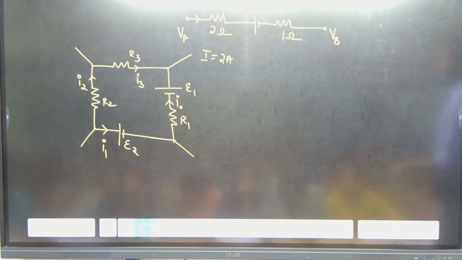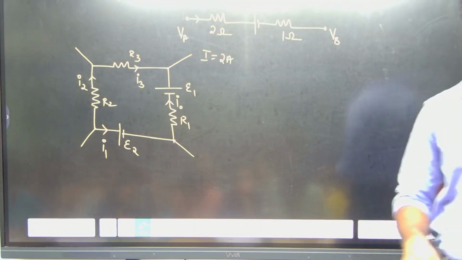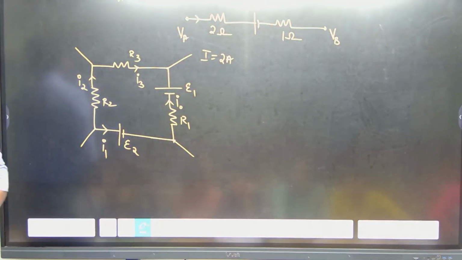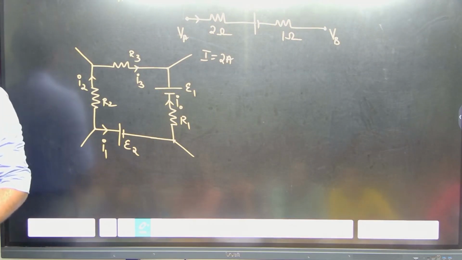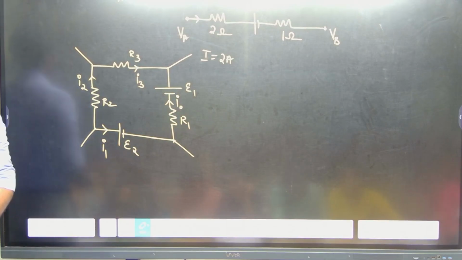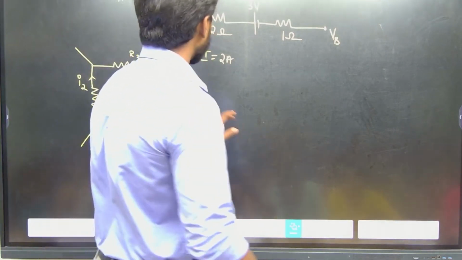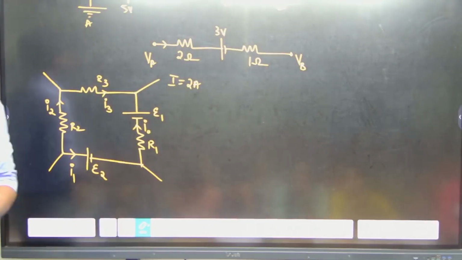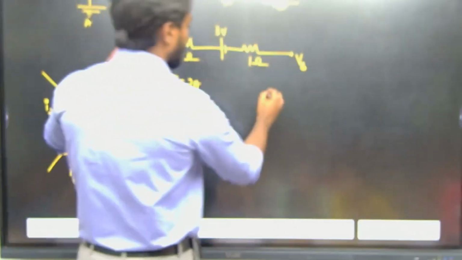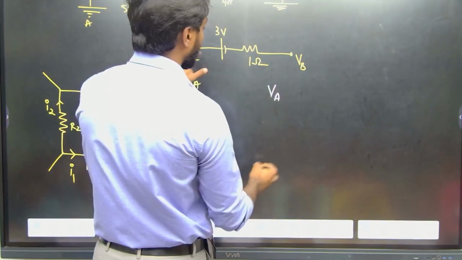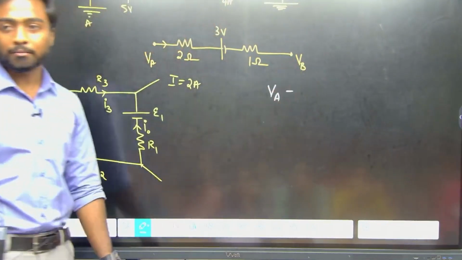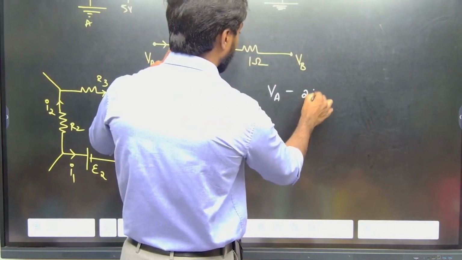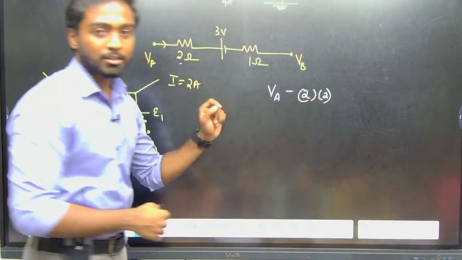So this is the diagram. Completed the previous question? Anyone any doubts in the previous questions? I'll do that question. Try to listen here. Don't write anything. So I'll start with A. I'm going in the direction of the current, which means minus. Resistance has been given, so current into resistance is the voltage.